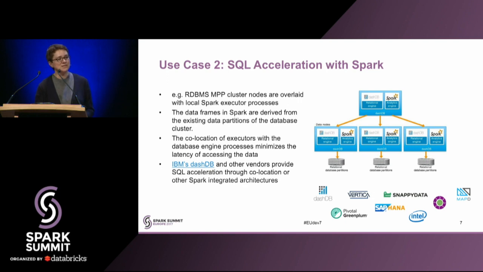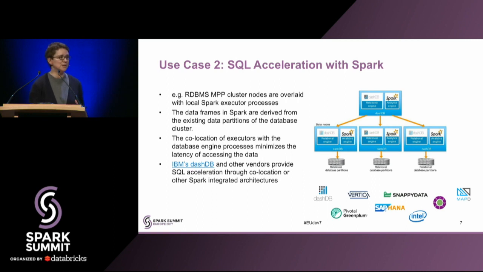Another example is SQL acceleration with Spark, to enhance a SQL engine with Spark analytics capability. Some vendors overlay their database cluster nodes with local Spark executor processes. The data frames in Spark are derived from the existing data partitions of the data source cluster.